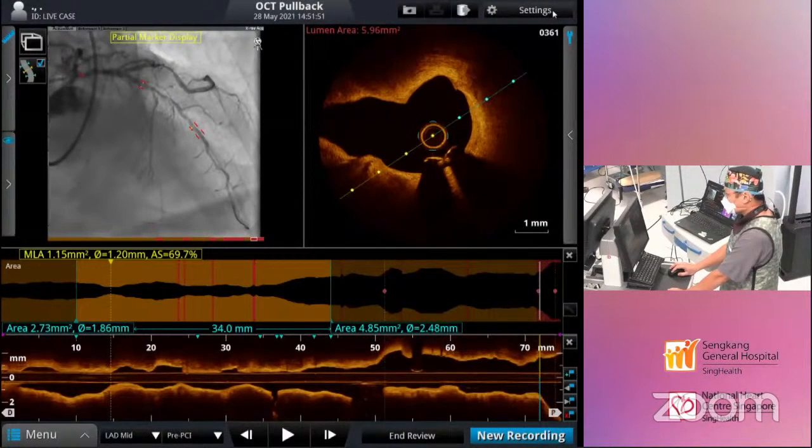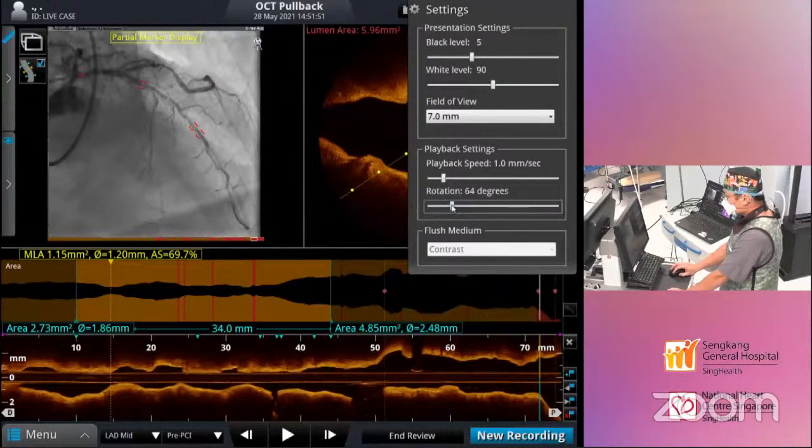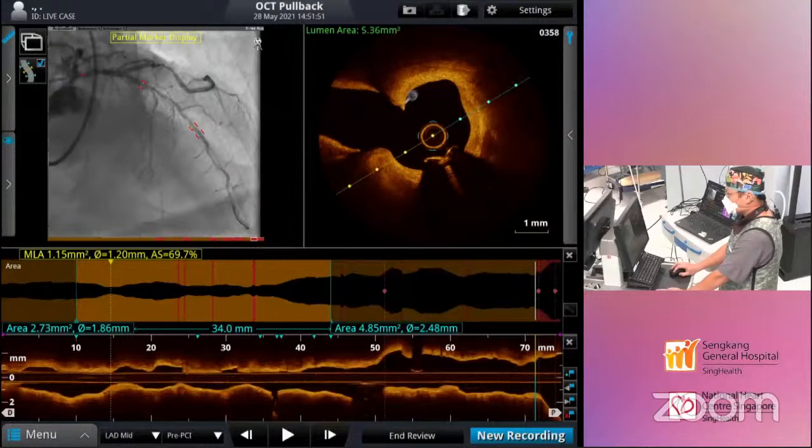You can do that under settings, and you can rotate your image. If you position your circumflex at the 9 o'clock position, it helps you orientate yourself to the vessel a little bit better. At this position, you know that on top is the epicardial surface, and down here is the myocardial surface, which can help you determine where your plaque is distributed.